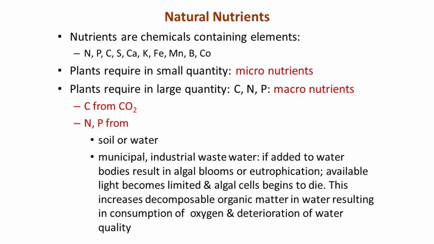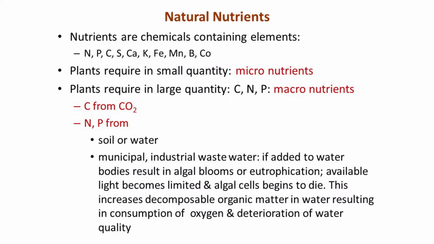Now, there are various natural nutrients which are present in groundwater. These nutrients are chemicals containing elements like nitrogen, phosphorus, carbon, sulfur, calcium, potassium, iron, manganese, boron and cobalt, which are very essential for the growth of living things.